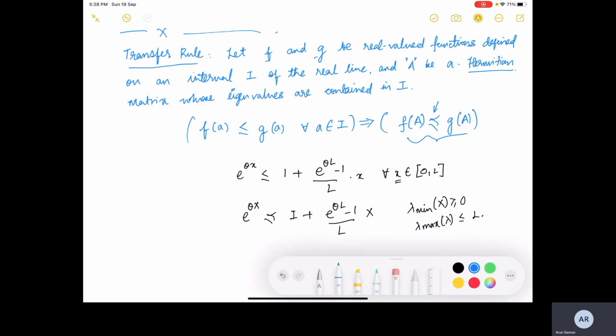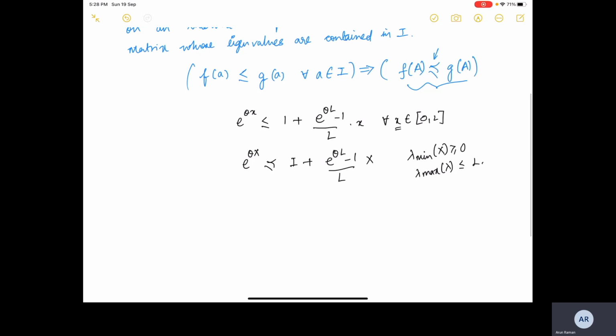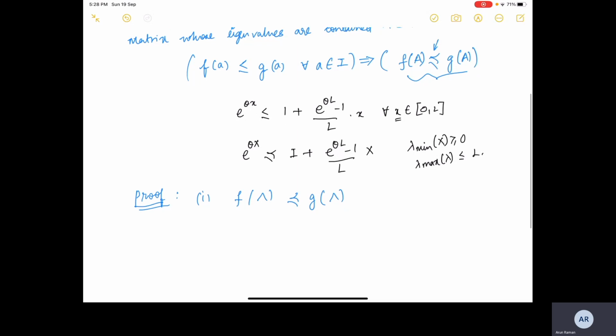I'll just briefly describe the idea of the proof of this transfer rule. The proof revolves around three ideas. The first is that if f of a is less than or equal to g of a, then if we have a diagonal matrix, f of capital lambda is less than or equal to g of capital lambda, because capital lambda is a diagonal matrix.